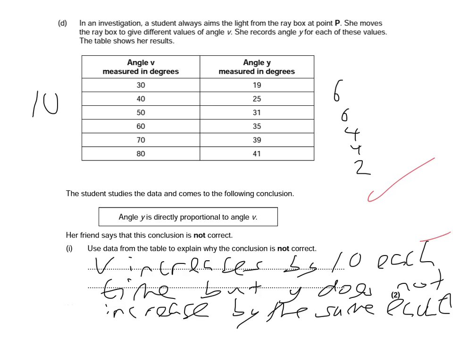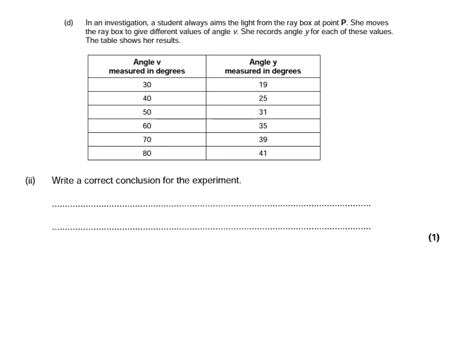If you're unsure about marking this question, please ask your teacher to mark it for you. This question proved to confuse a few people, when actually it was quite a straightforward question. It's just the first part of the question, and then this bit coming next got a few people a little bit confused, I feel. But if you just looked at the data by itself and then tried to write a conclusion for it, the conclusion is quite straightforward, because as you can see, all these numbers get bigger as you go down, and all these numbers get bigger as you go down.